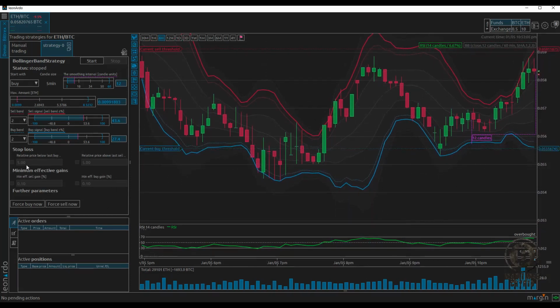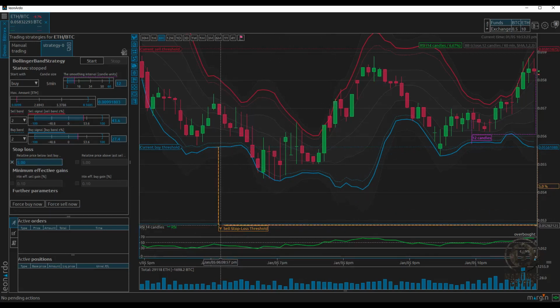So the stop loss is a way for you to protect yourself in case the coin starts dropping abruptly and fast. So you can actually tell the bot, okay, if the coin price drops more than 5% in this case, then sell the coin, sell my buy, my trade, my position, and start over.